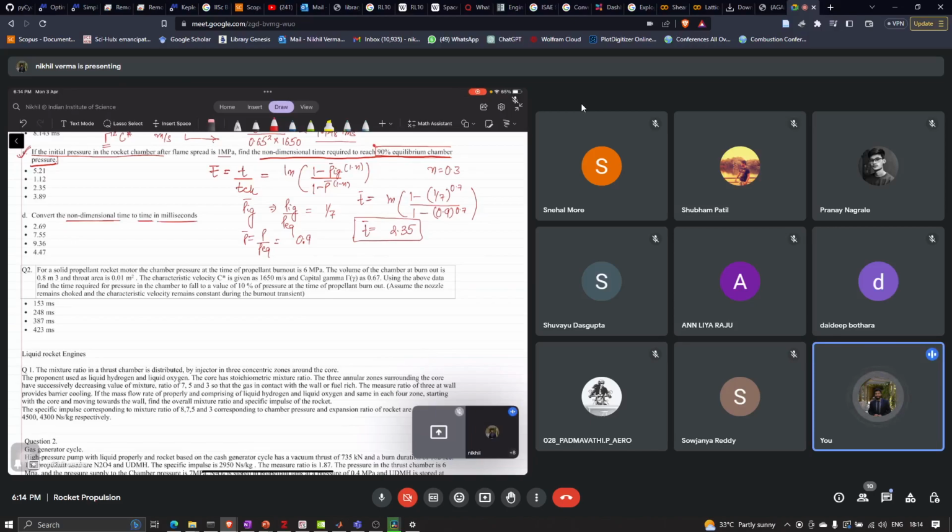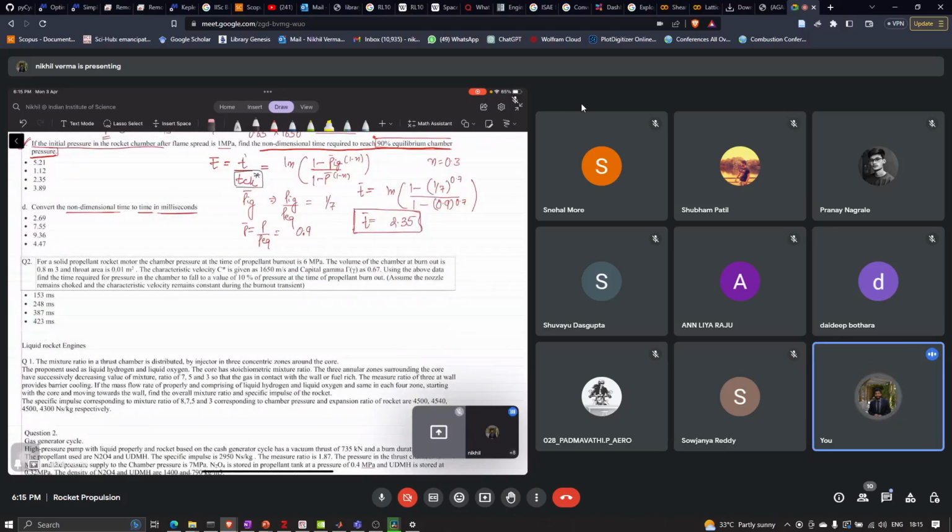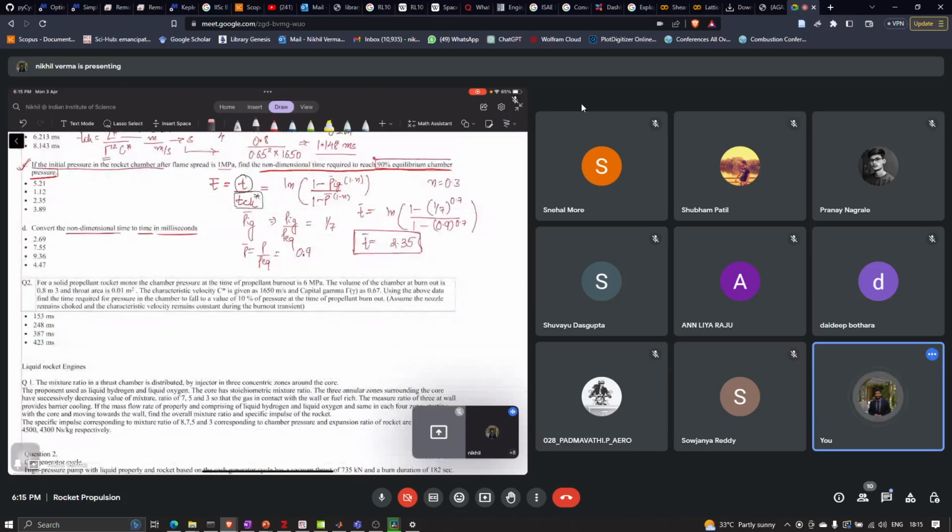So how do we do that? We have this non-dimensional time, and we have earlier calculated this characteristic time. So based on that, we can calculate the actual time that is required for a rocket to reach 90% of its equilibrium chamber pressure.